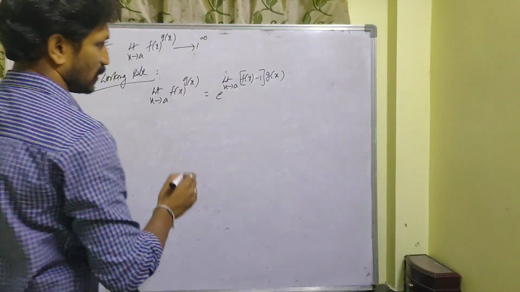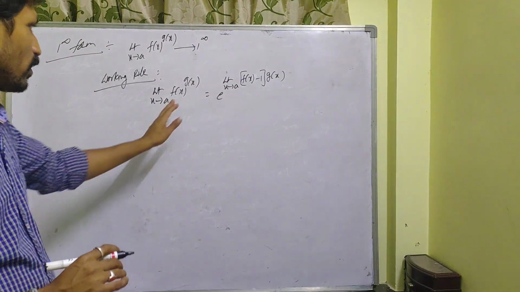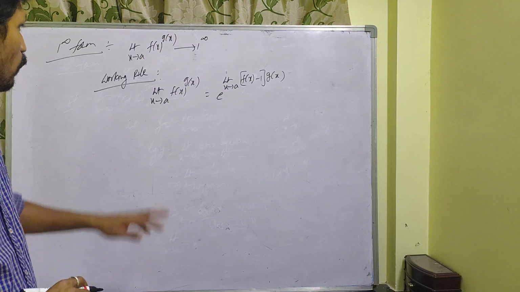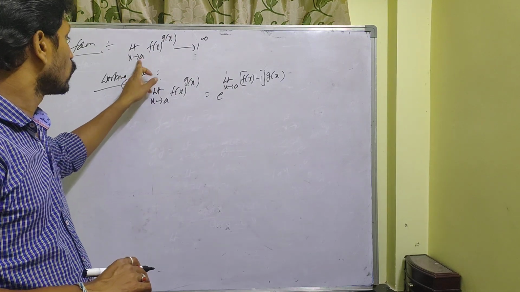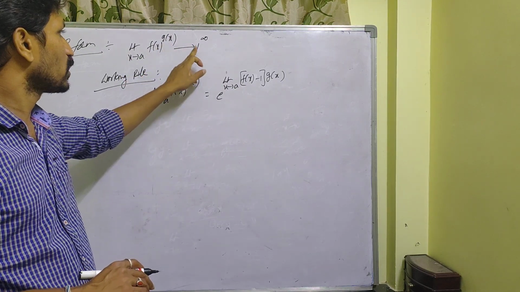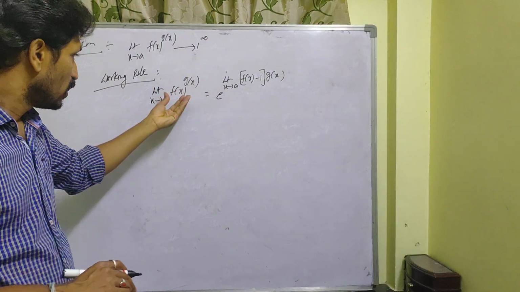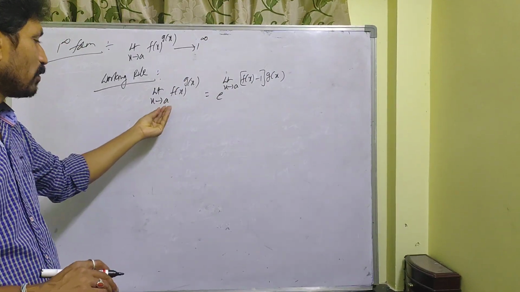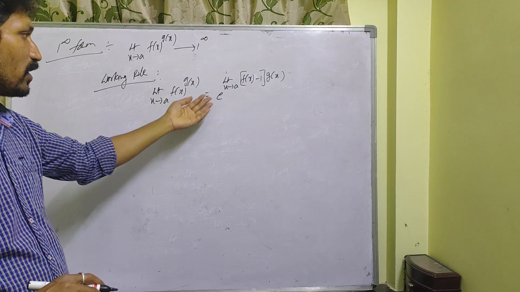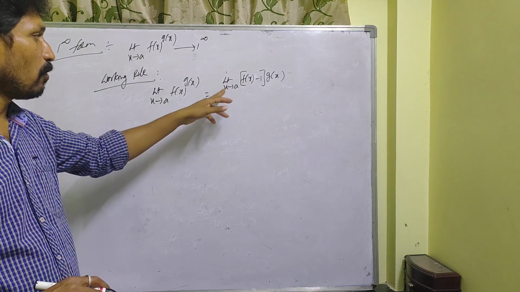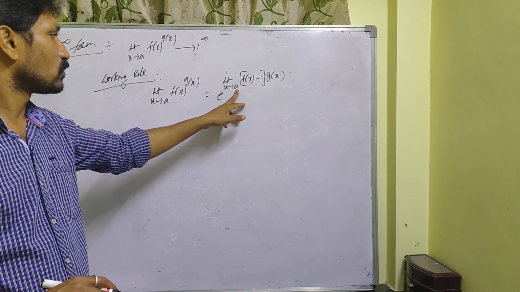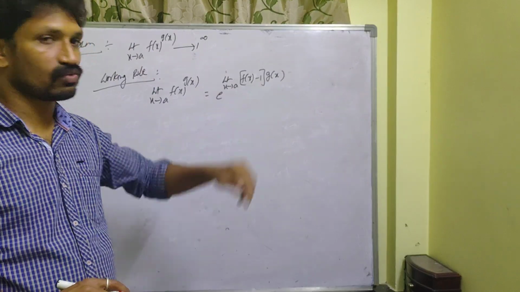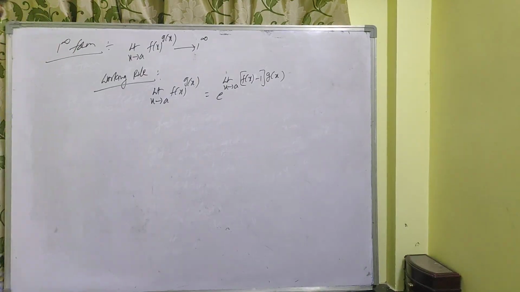Very, very important procedure. Whenever limit x tends to a, f of x power g of x tends to 1 power infinite, you can rewrite it as e to the power of limit x tends to a, f of x minus 1 into g of x. Just write like that.